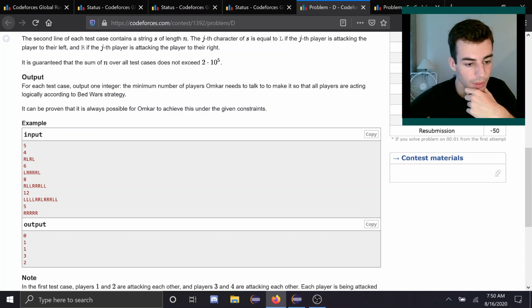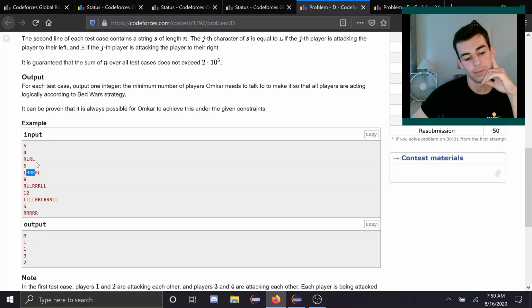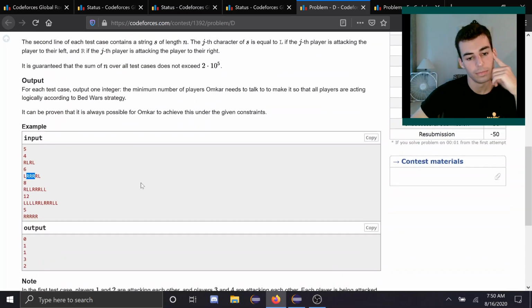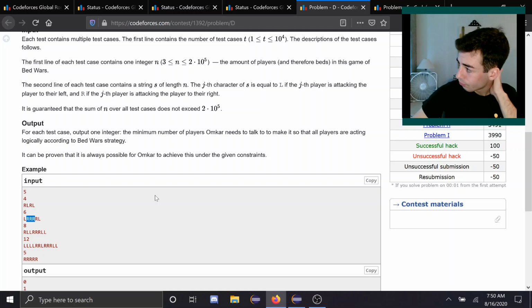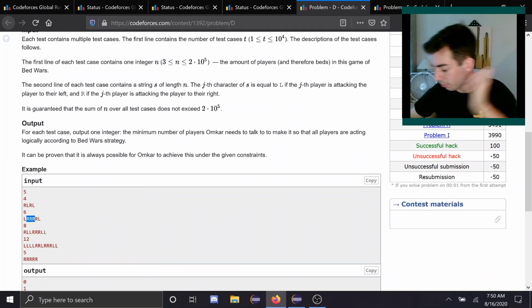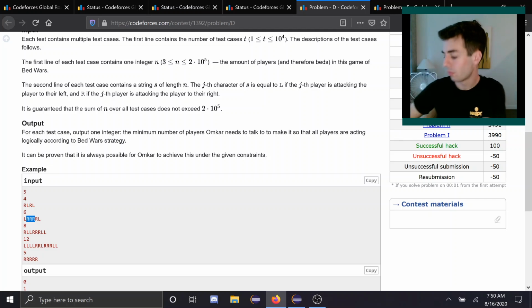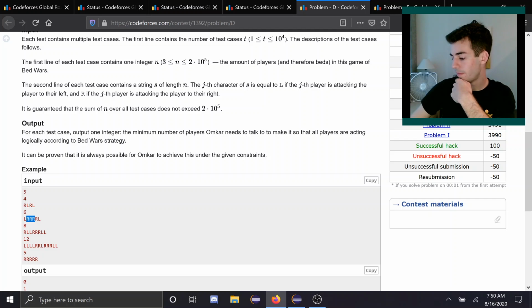So this would be 0. This guy's attacking left. So if you ever have 3 rights in a row, right is an issue, isn't it?